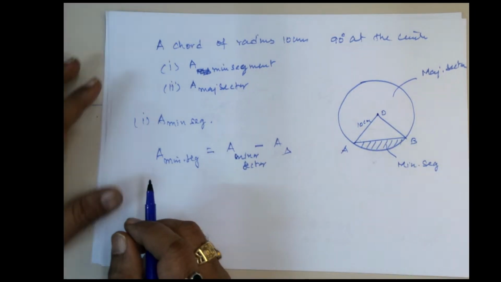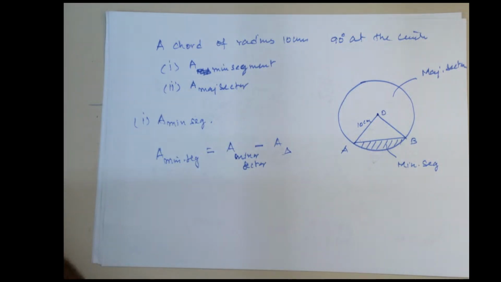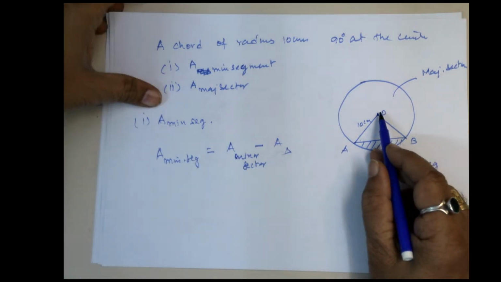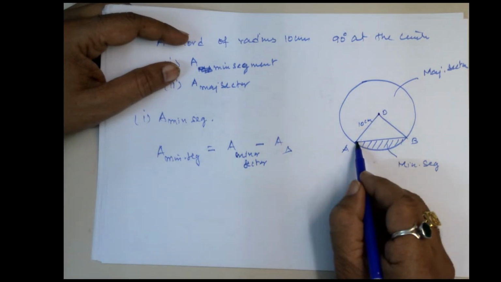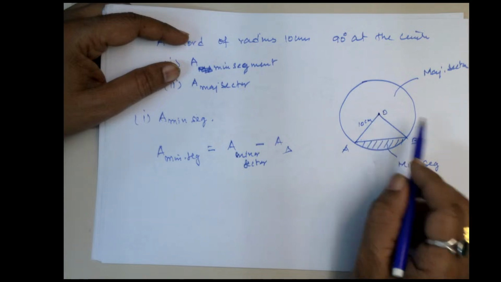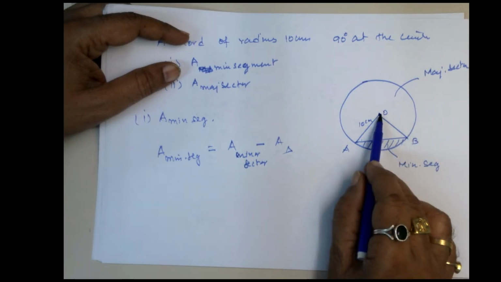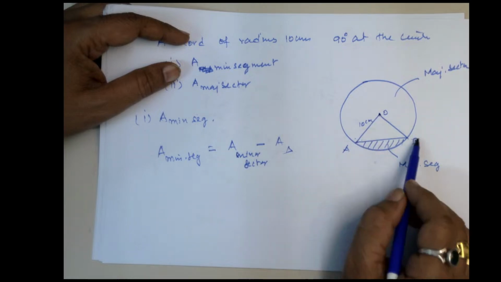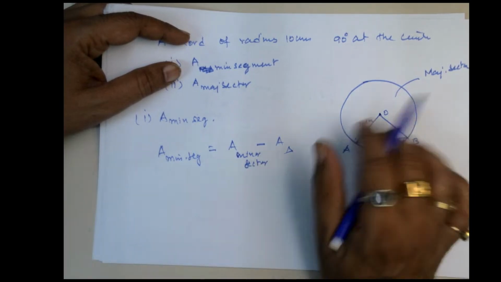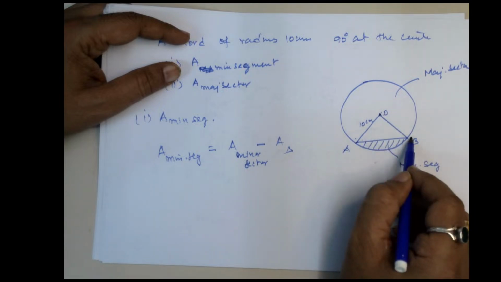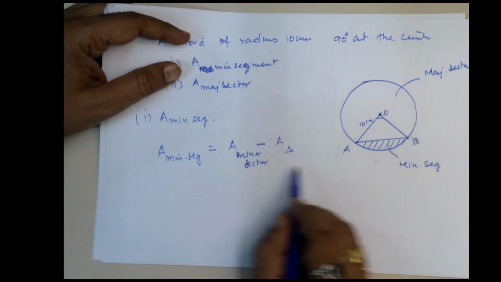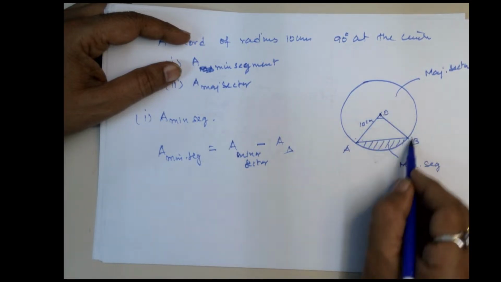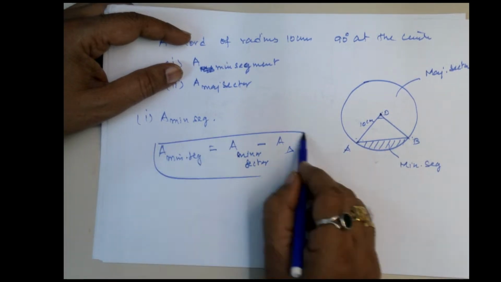Are you following? Area of triangle means half base into height. That is, you have OA and OB, and OA is equal to OB, of course. So you have to find out the triangle area. And this is the total sector, where from you can get the first answer.